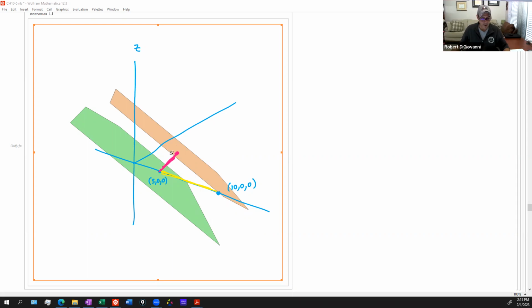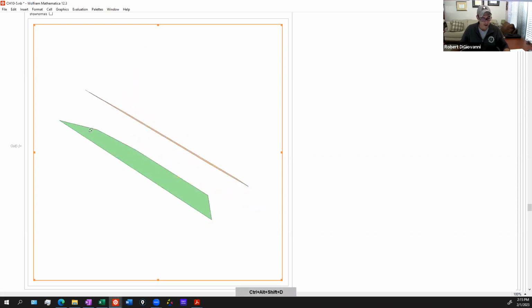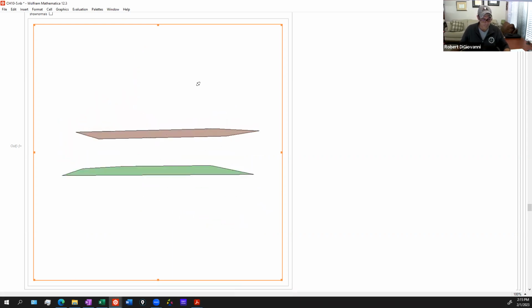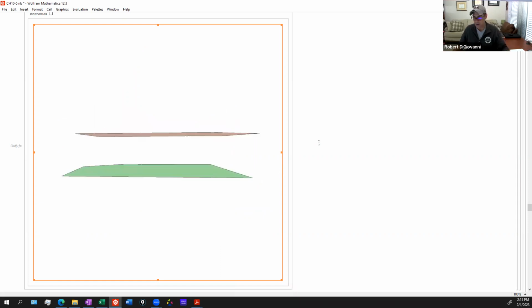If you reorient this, let me clear all this out. If you reorient this thing, where when you look at it, this is your x-axis, this is your z-axis, and let's say your y-axis goes backwards that way. We're looking at it from straight on.